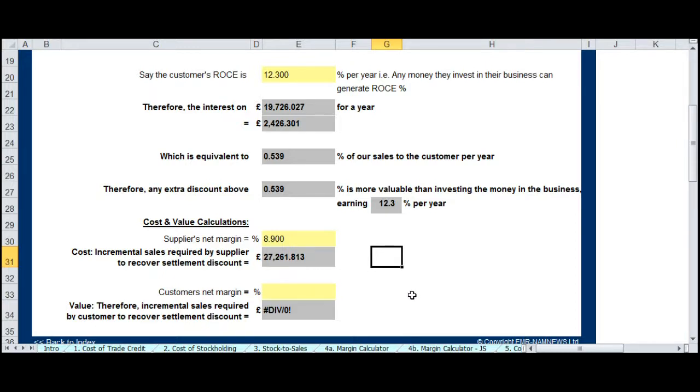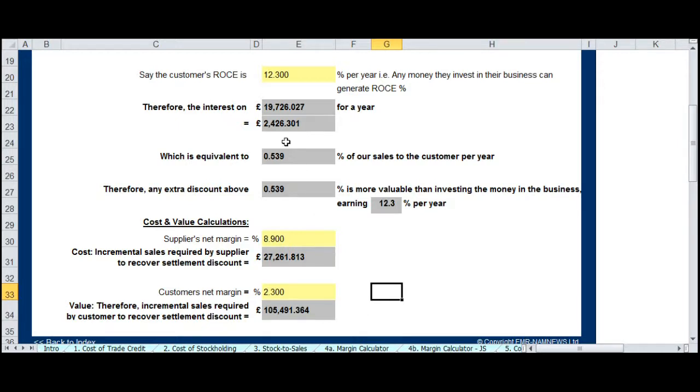£27,261. Okay. Now, meanwhile, the retailer is saying, well, we're not really talking about much money here. We're talking about, say, something like 2,426. It's not an awful lot for you to be investing in us. So you say, right, well, let's convert that into your business model and assume that the retailer is making 2.3%, let's say, profit on sales.